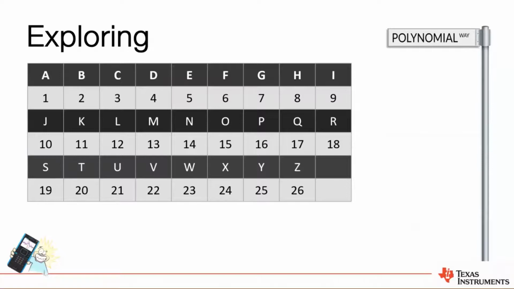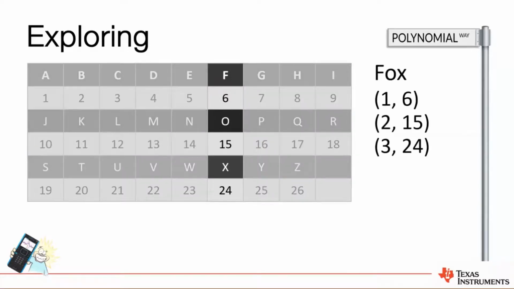Let's find out. I'm going to explore my second name, Fox. There's the letters in my name, represented as points, 1, 6, 2, 15, and 3, 24. Now, alarm bells might start ringing straight away because they're equally spaced in that diagram.